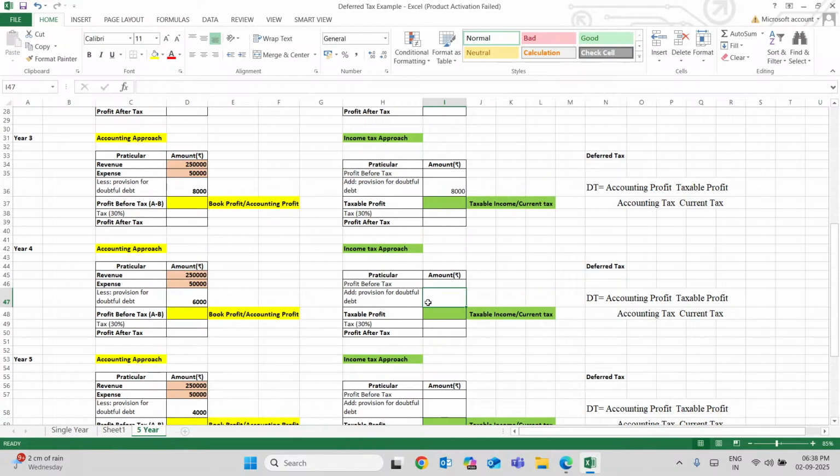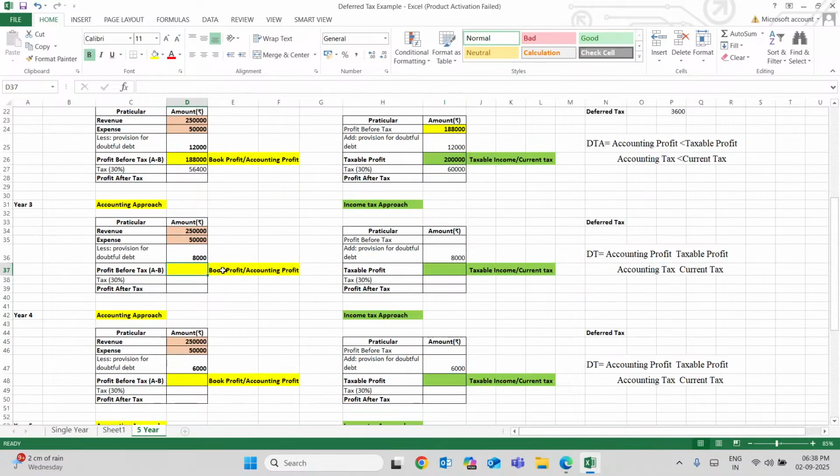Alright, under this we have the profit before tax. We are going to calculate it. That will be 2,50,000 minus 50,000 minus 8,000. That will give us the book profit of 1,92,000, under which we are going to calculate the tax on this at 30%, which is 57,600, right?